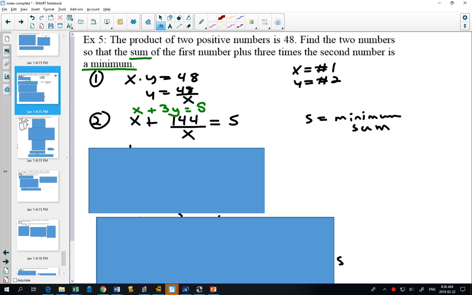And then we have to substitute the fact that we know that y is equal to 48 over x into the equation, and we get an equation that is sum equals with only one variable. And now we can use the math skills that we have to find out where is that a minimum.